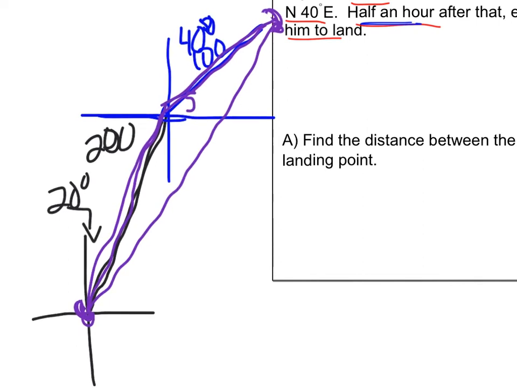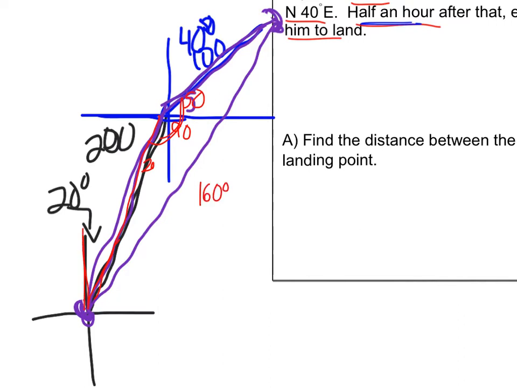All right, so if that's 40, that's going to be 50. This is going to be 90. And if this is 20 degrees, that makes this 20 degrees. So after all that, this whole angle is going to be 160 degrees.